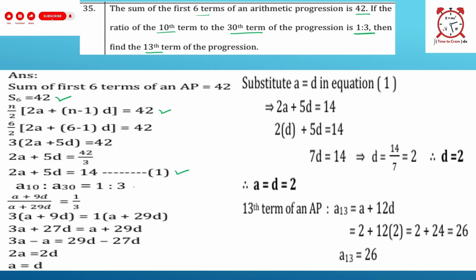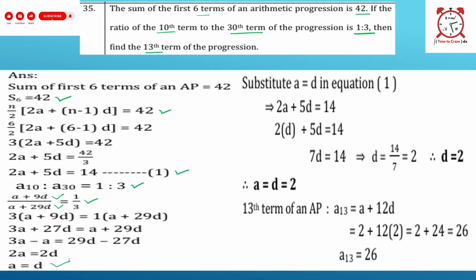Now the second condition is given by the ratio a10 is to a30 equal to 1:3. So we will write a10 as a plus 9d and a30 as a plus 29d, and the ratio is 1/3. After cross multiplication and simplification, we will get a equal to d.